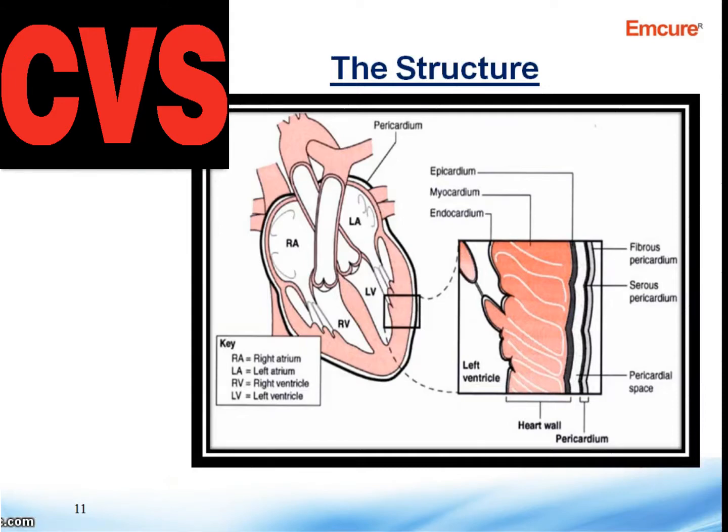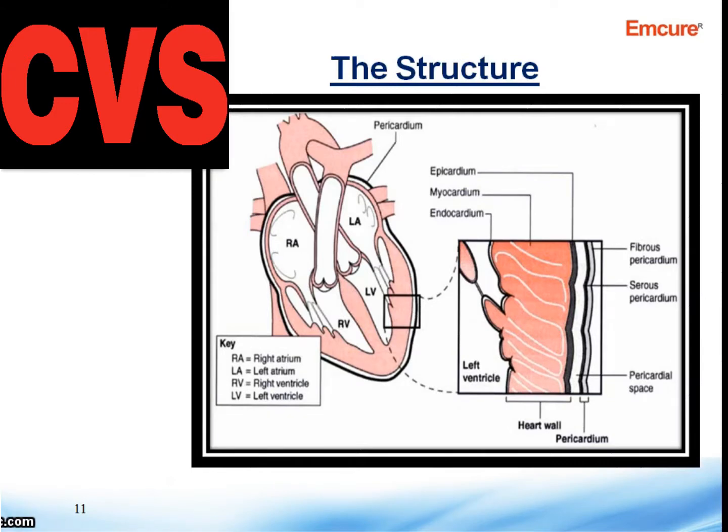Then further to it, we have a layer called the epicardium, which envelops the heart muscles. Beyond the epicardium and the pericardial space is the outermost layer, a sac-like structure that envelops the heart all around, called the pericardium.